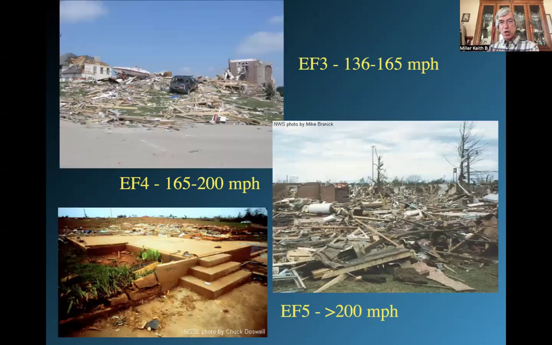Each of the images show what they would look like. So EF 5s are so intense that except for extremely sturdy structures, they're going to be completely swept off their foundations. So all you see are concrete slabs, for example.